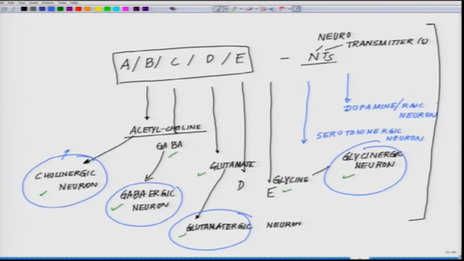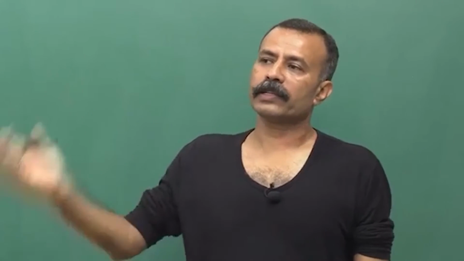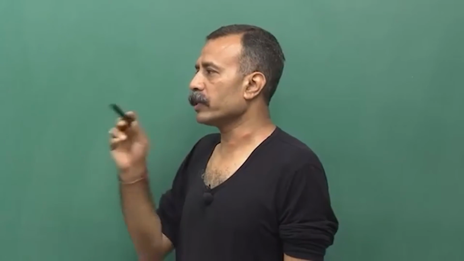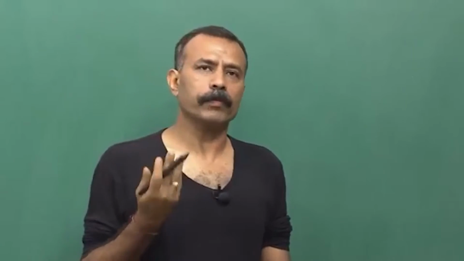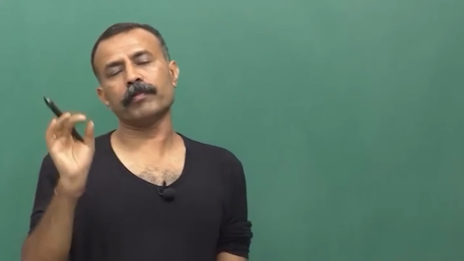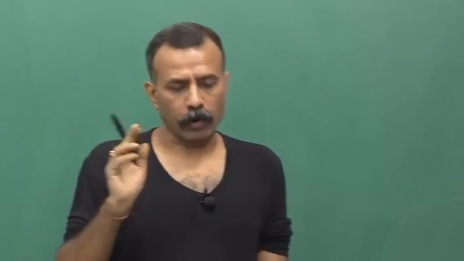So, what I will request you, please do this simple exercise. Pick up any book, check all the different kinds of neurotransmitters and classify them. Is it excitatory or is it inhibitory? What it is, which family it belongs to. It will help you to figure out, based on the basic knowledge I have offered you.